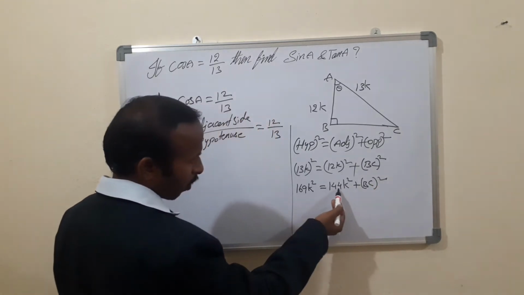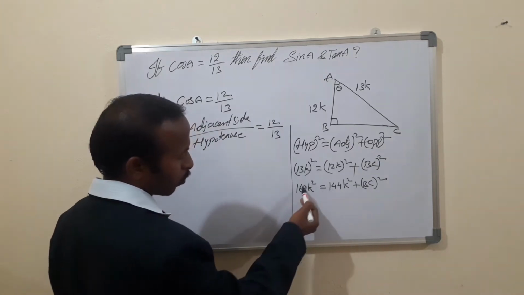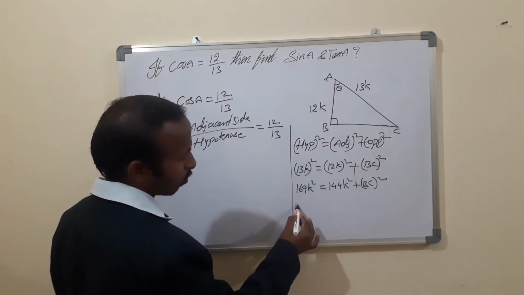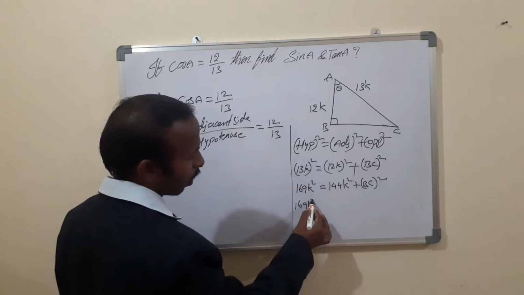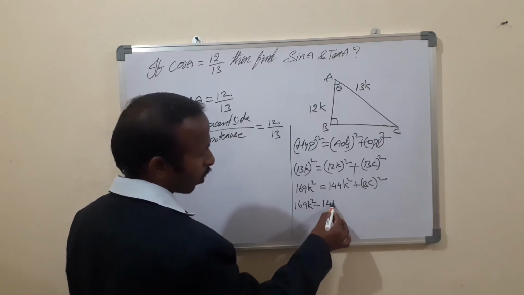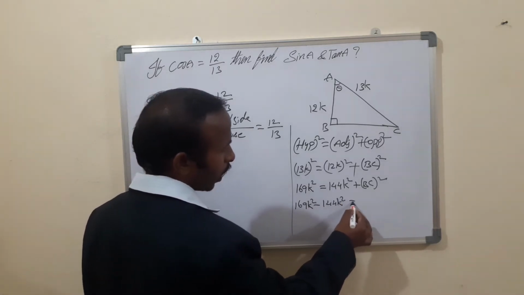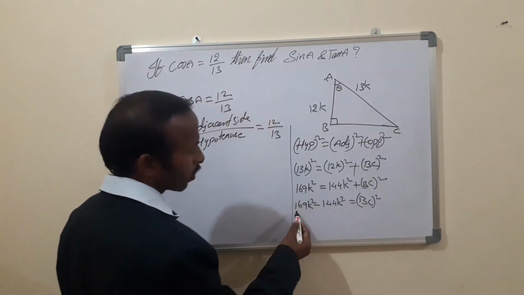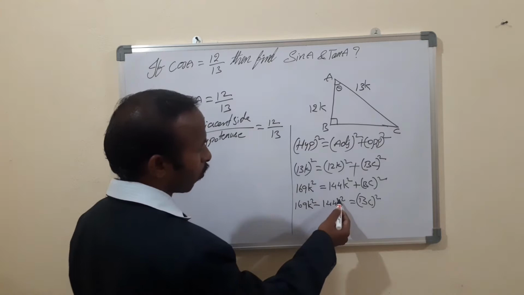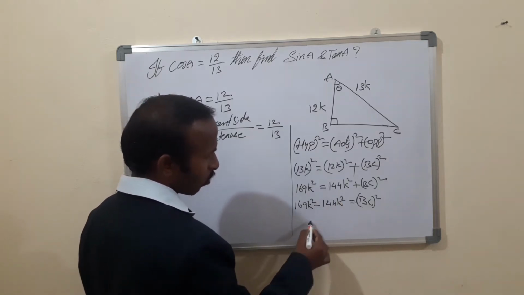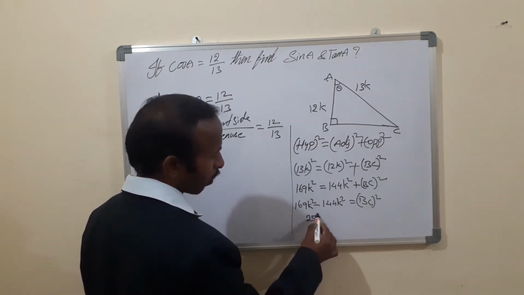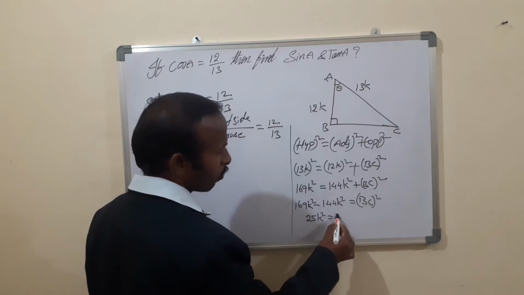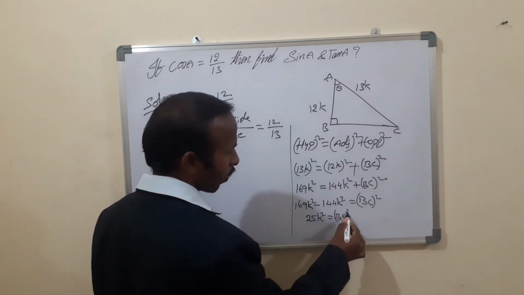Now this 144K square you transpose to the left hand side, then it is 169K square minus 144K square equal to BC whole square. Now 169K square minus 144K square is how much? That is 25K square equal to BC whole square.